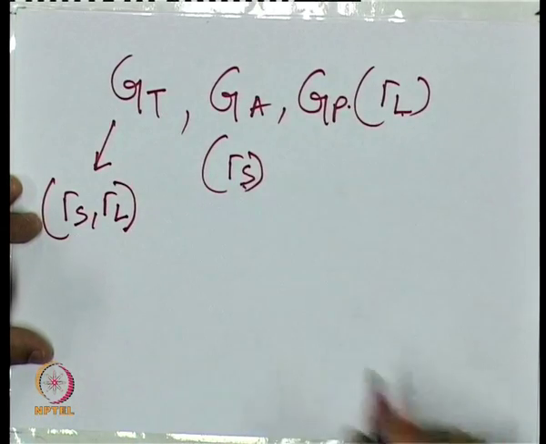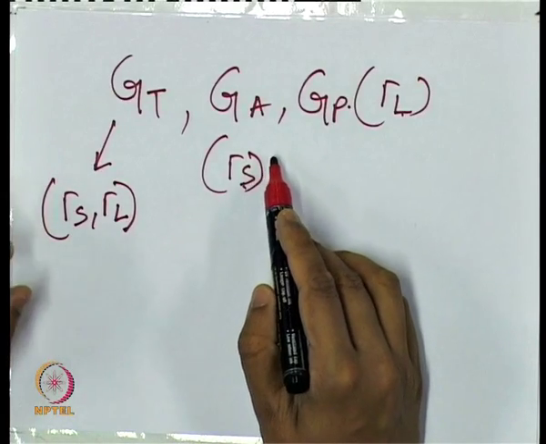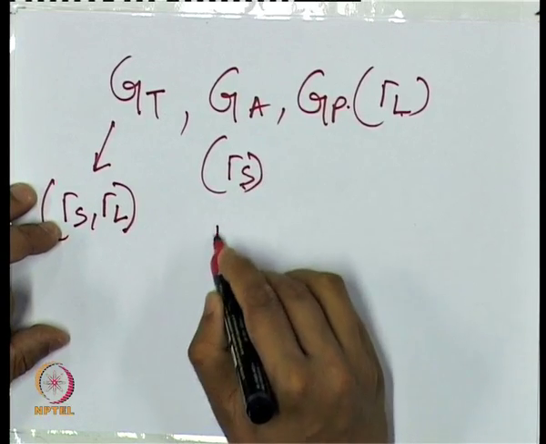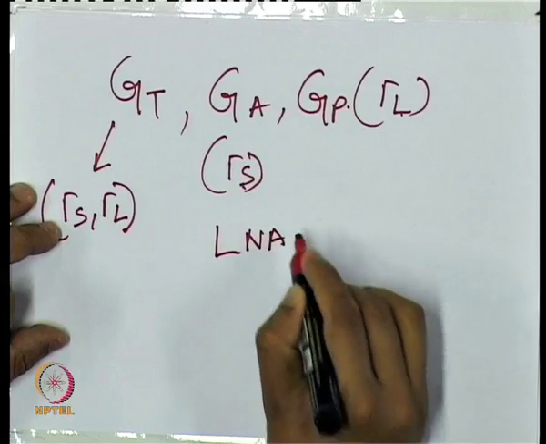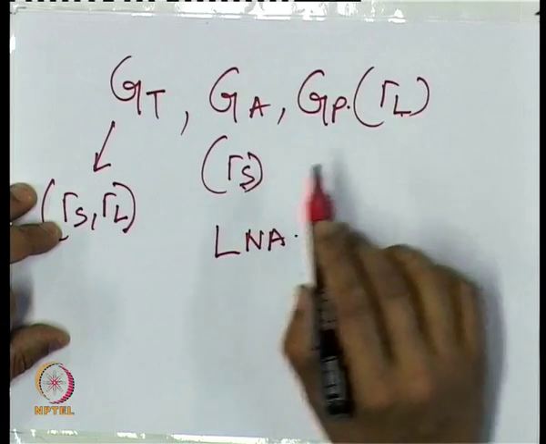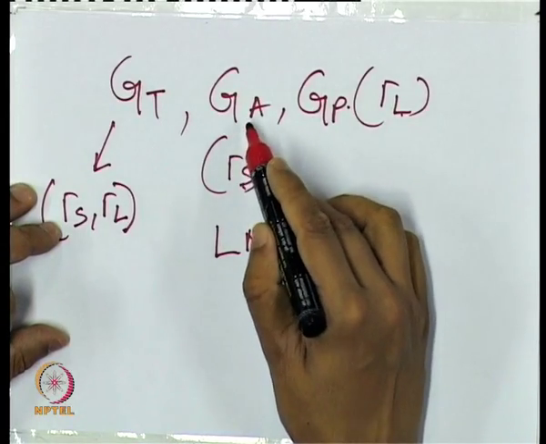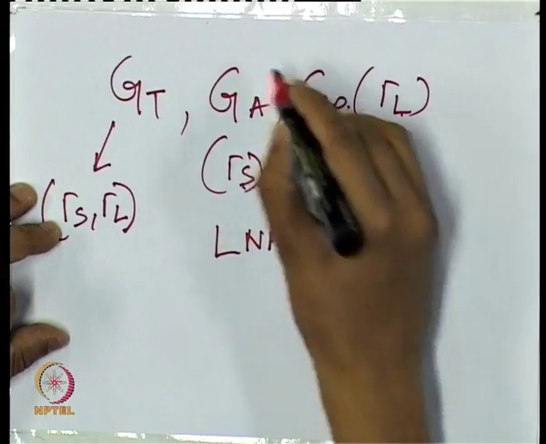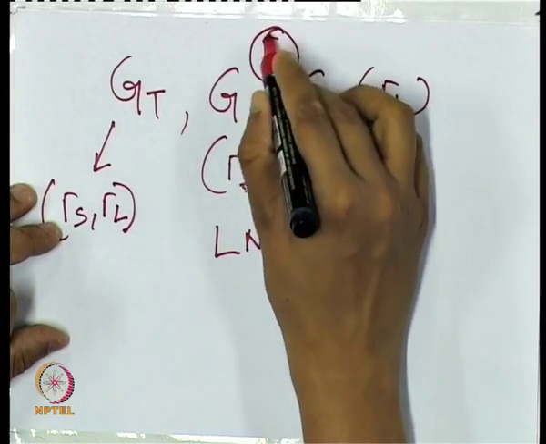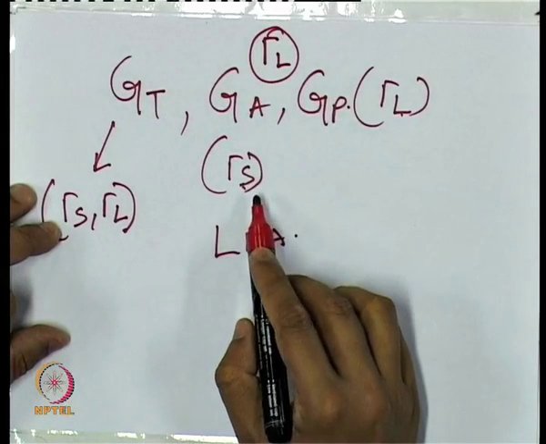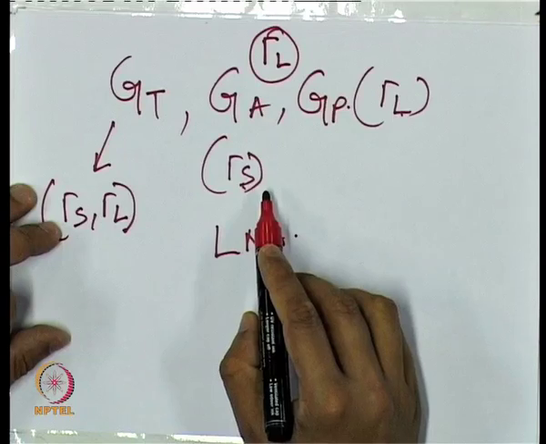In fact, GA is suitable for designing those amplifiers whose source impedance is already fixed, for example, low noise amplifiers. And GP is, I beg your pardon, GP is useful for designing those amplifiers whose load impedance is fixed, but we are free to modify gamma S to obtain appropriate design parameters.